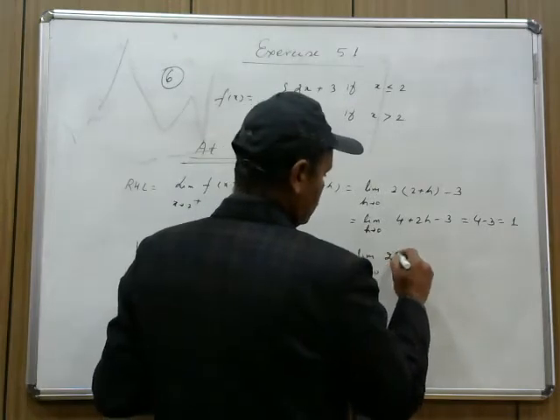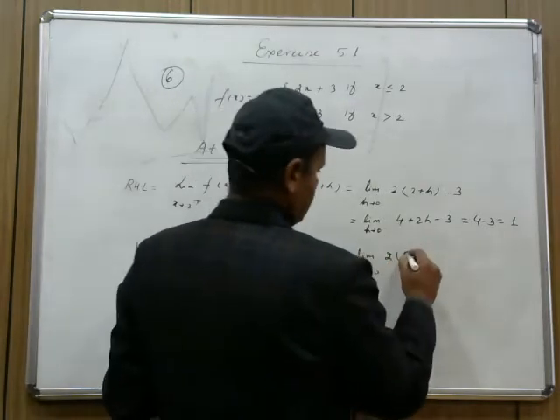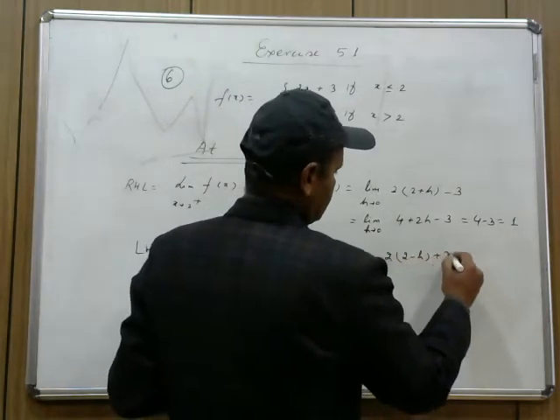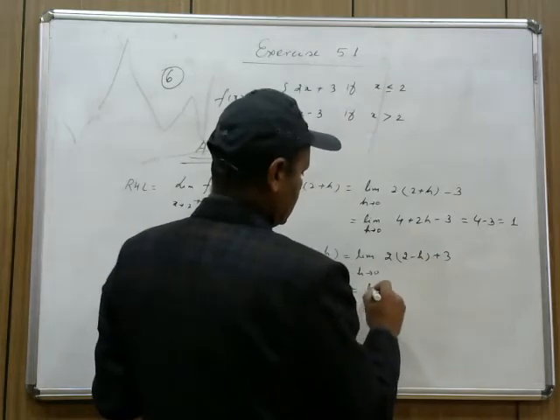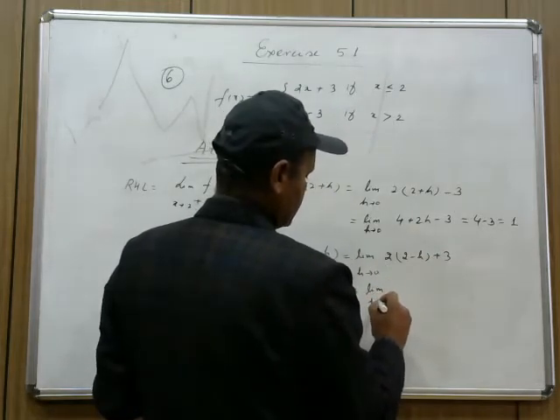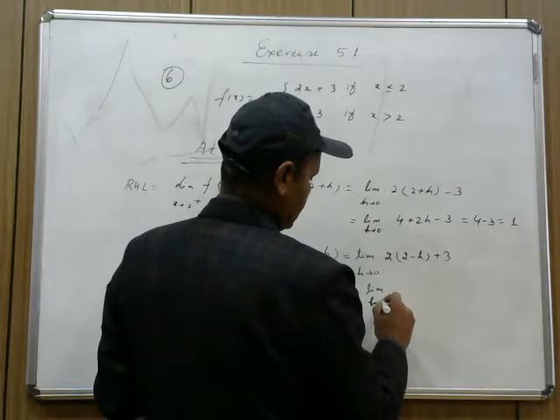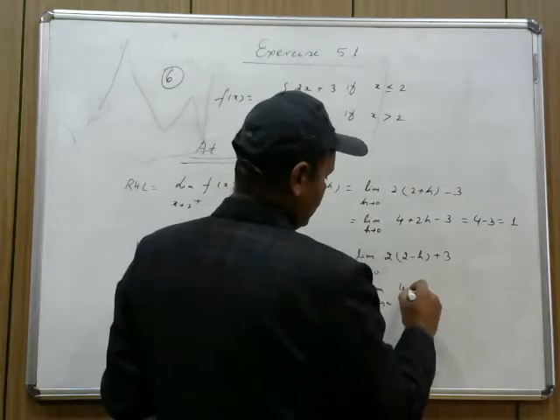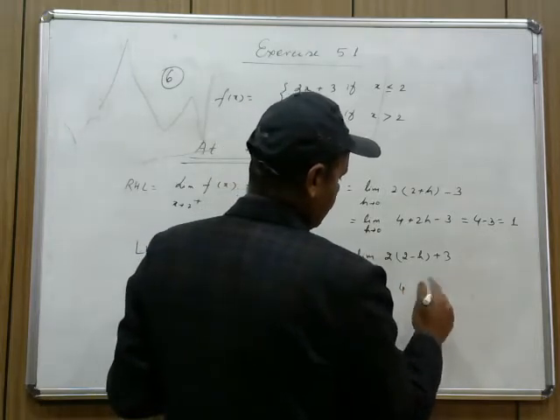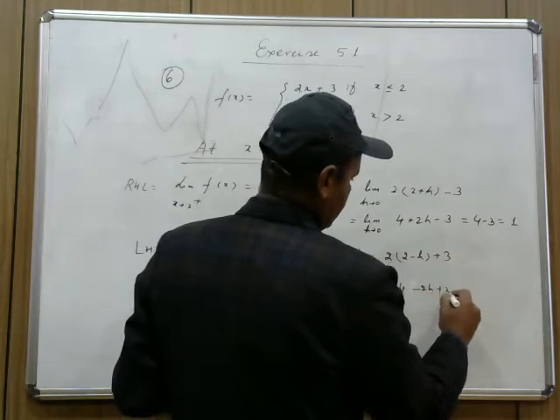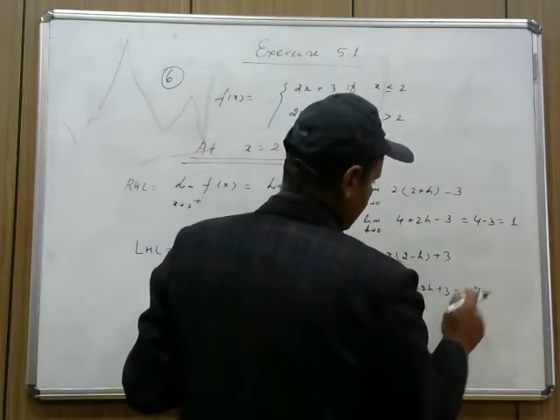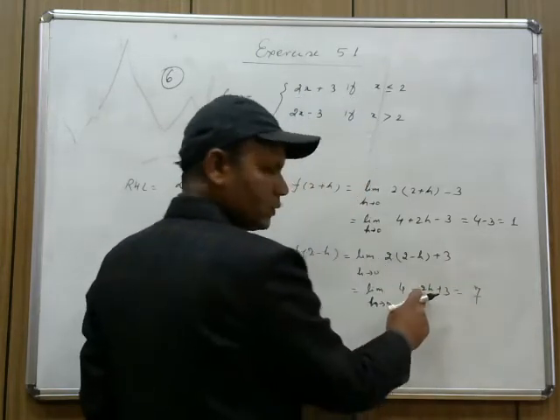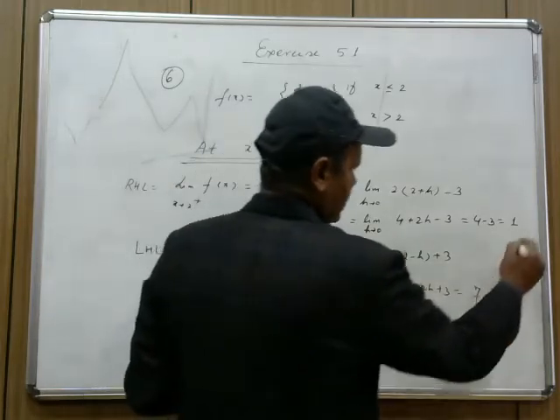Now I will get 2 times (2 minus h) plus 3, and that is equal to limit h tends to 0 of 4 minus 2h plus 3. I am getting 7. 4 plus 3, h becomes 0, 4 plus 3 is 7.